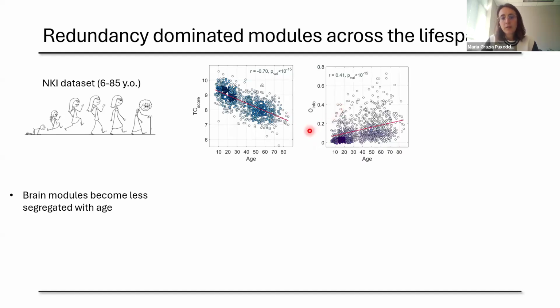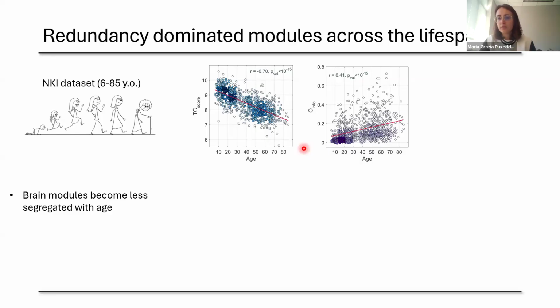And similarly, what we observed is that the O information across modules increases with age. So these two results point to the fact that brain modules become less segregated with age, right? So the redundancy within modules decreases and synergy across modules also decreases. So we have this less defined modular structure associated with age.